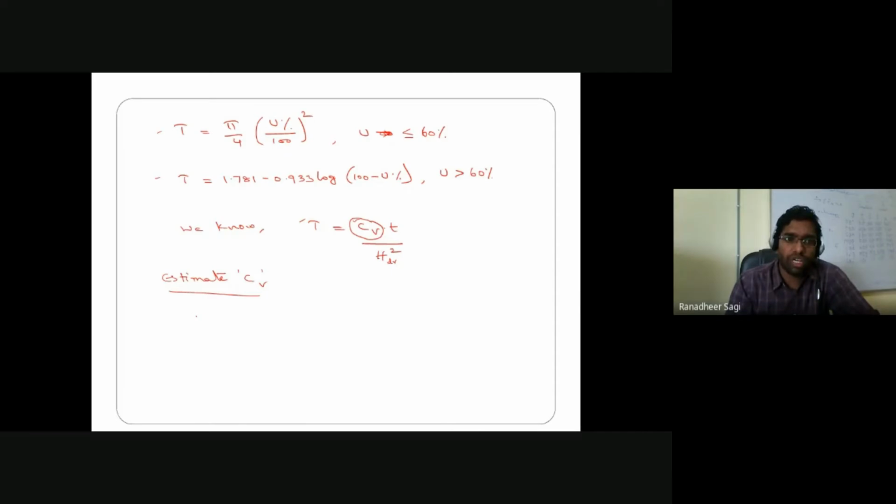One is called Taylor's method, which is also called the square root time method. The other method is Casagrande's method.